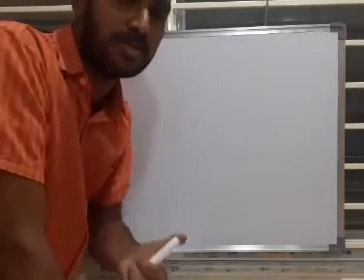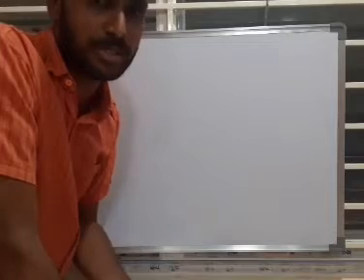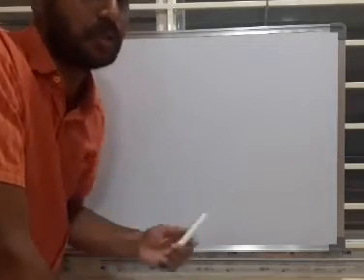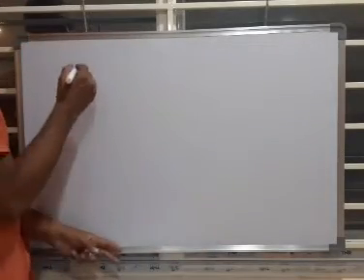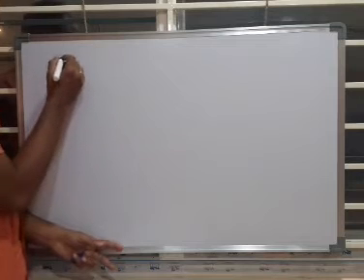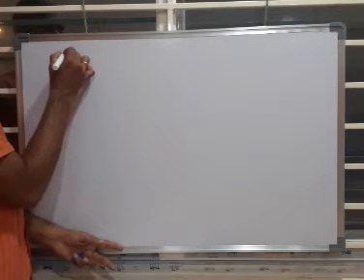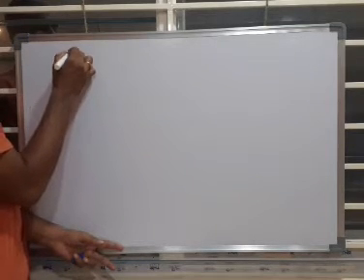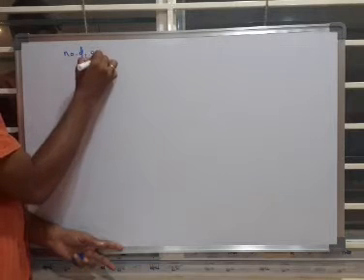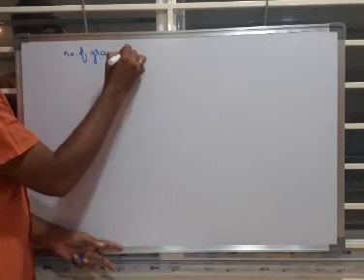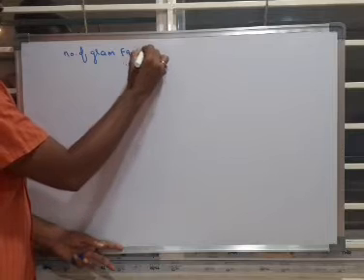Okay, equivalents. Just like the problems done in terms of moles, you have to follow that. So what are the two compounds? We can write number of gram equivalents.